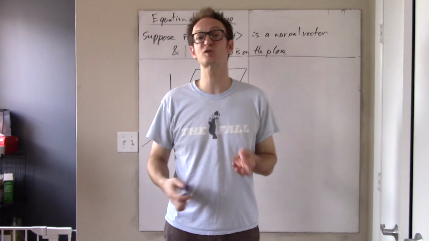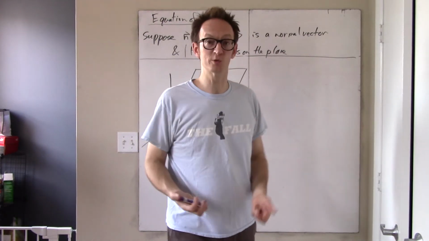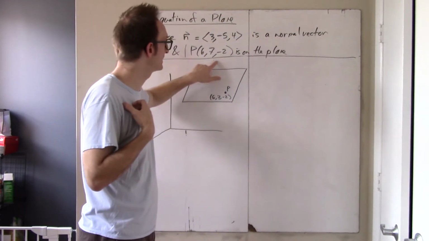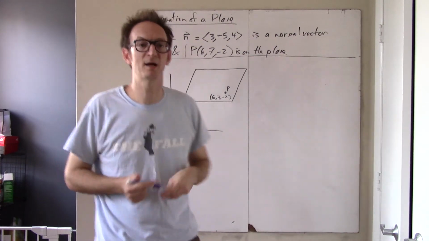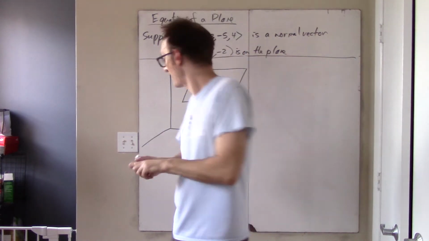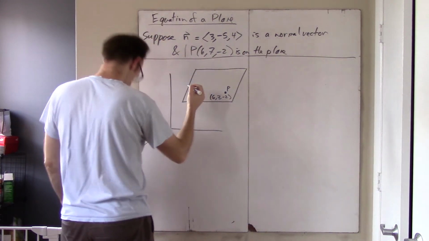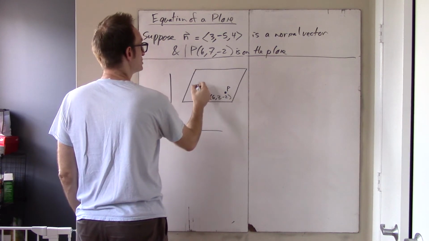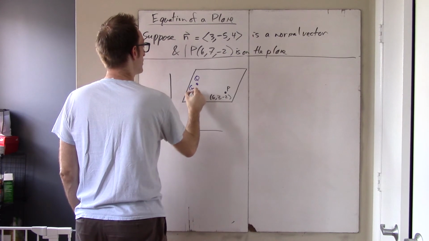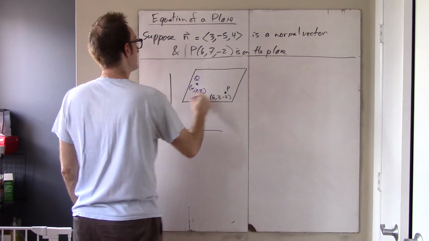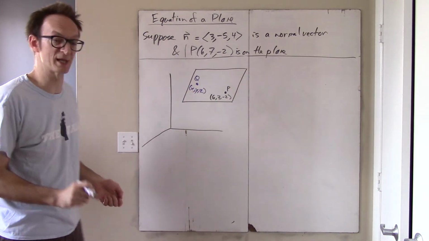So I need some algebraic fact that holds for all the points on this plane, and only the points on this plane. So what I need is a generic point. The next move here is to pick a generic point. I'm going to call this point Q, and I'm going to give it coordinates (x, y, z). The only thing I know about this point is that it's on the plane.